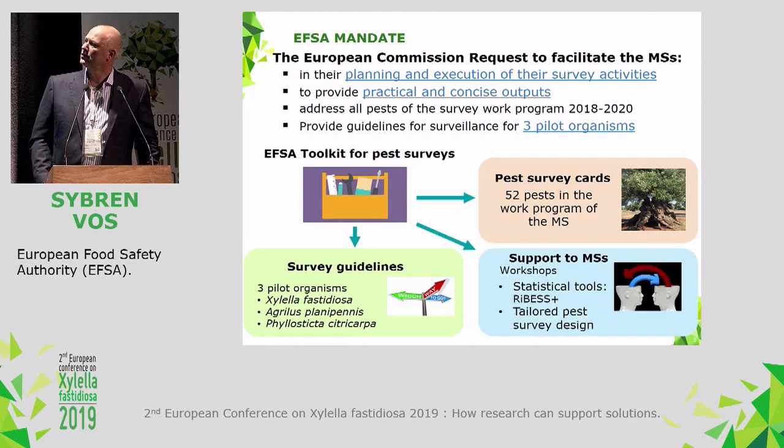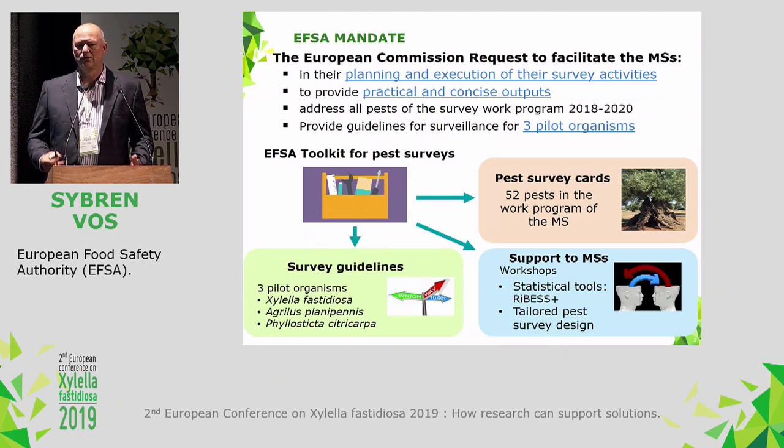And the third tool of this toolkit is the support that we provide to the member states in the form of workshops, where we are facilitating the use of some statistical tools for making informed calculations of sample sizes for their surveillance. We try to help them in tailoring this work to their own situations and to make a statistically and risk-based survey design.